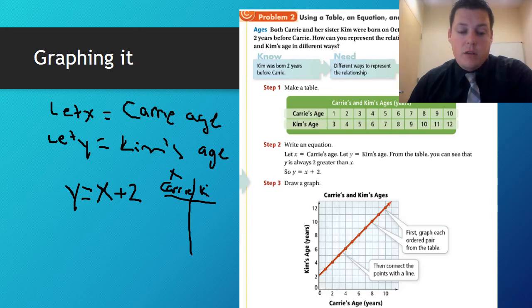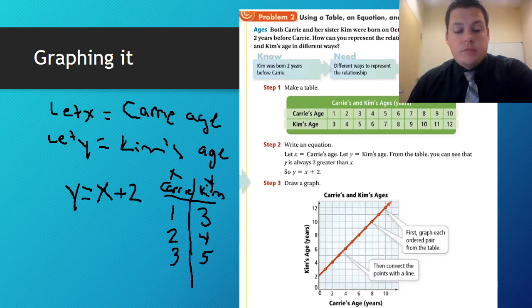We're going to call Kim y. And if Carrie is 1, it says Kim was born 2 years before Carrie, so Kim must be 3, since she's older than Carrie. And then when Carrie's 2, Kim would be 4. When Carrie's 3, Kim would be 5, and so on. So if we look at this equation, we can see that y equals x plus 2. And we can plot that on a graph like it shows us here.